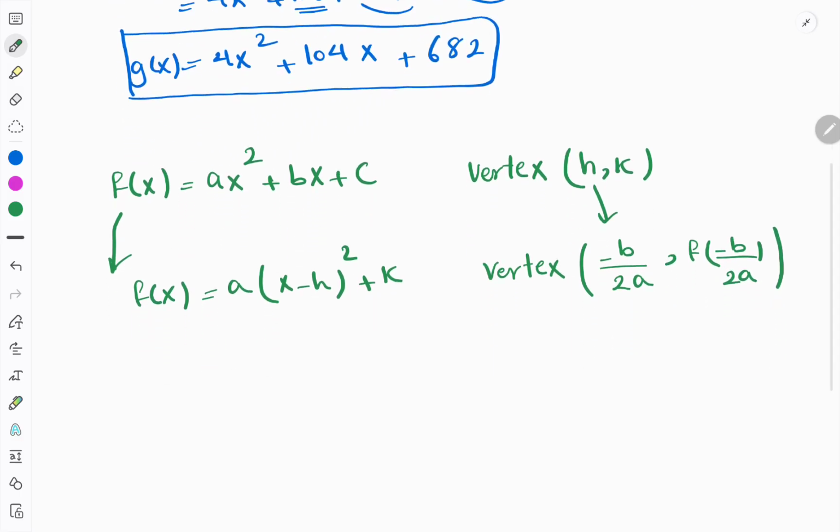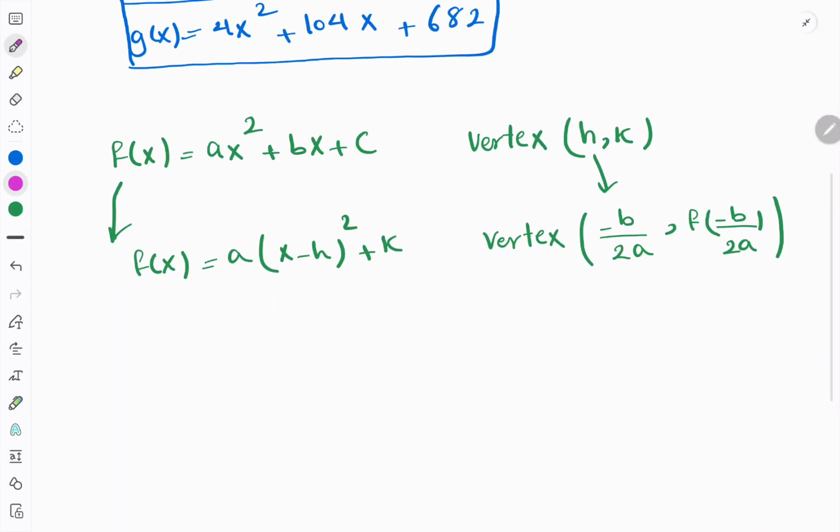Okay, and then we know that if the parabola is upward opening, something like that, this is the vertex, and at this point we have the minimum.